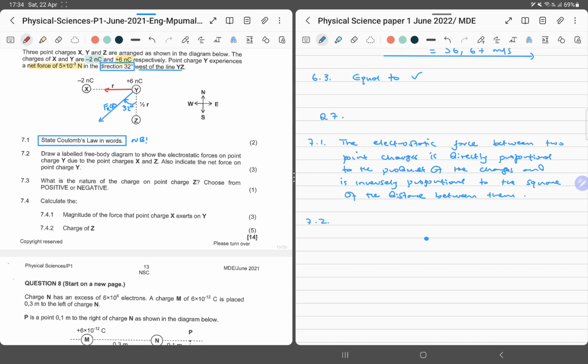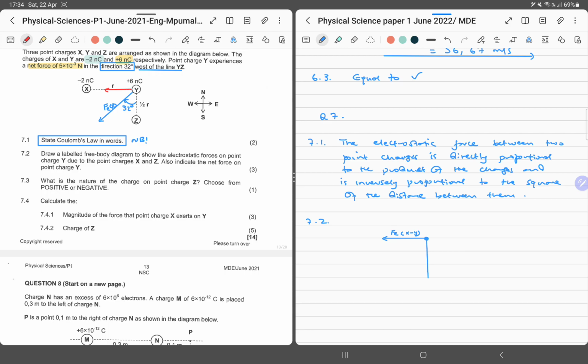So what do we know? We're going to have here a force in that direction. So this force, we can say it's Fe of X on Y. And then we have this one going straight down.